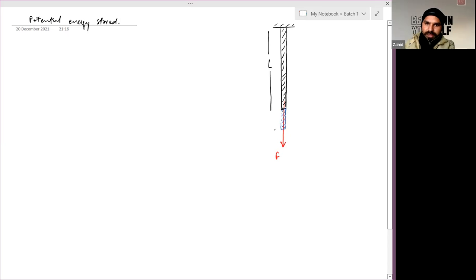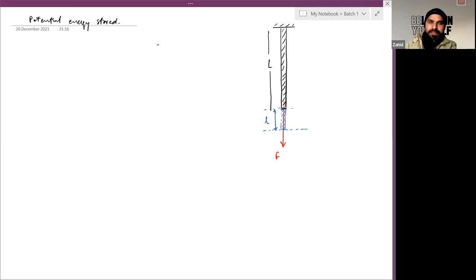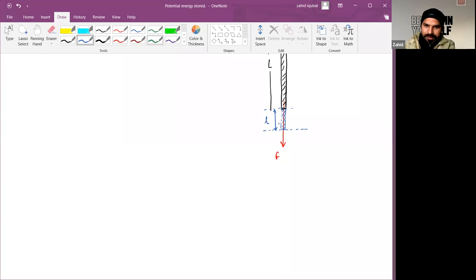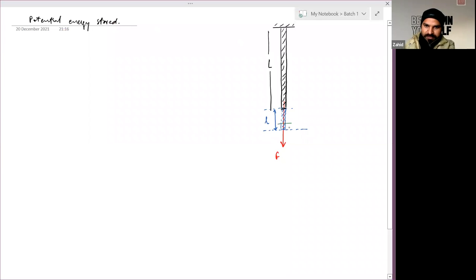It means the total elongation in the wire is up to this, small l. But this deformation must be achieved in some steps. Let's say in the last part, the deformation is dy, and from this point to this point, the deformation is y.